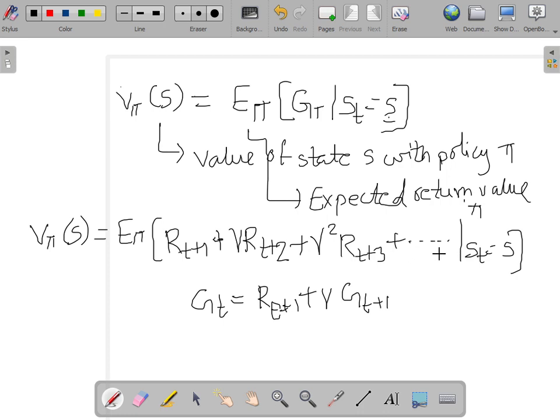As you know, G t starts with t plus 1, but G of t plus 1 means the first value will be R of t plus 2. So we are updating the value accordingly.